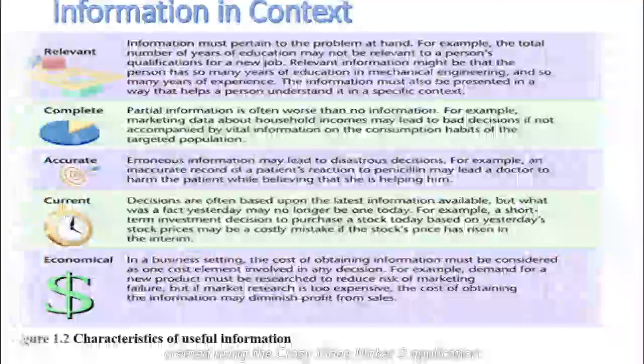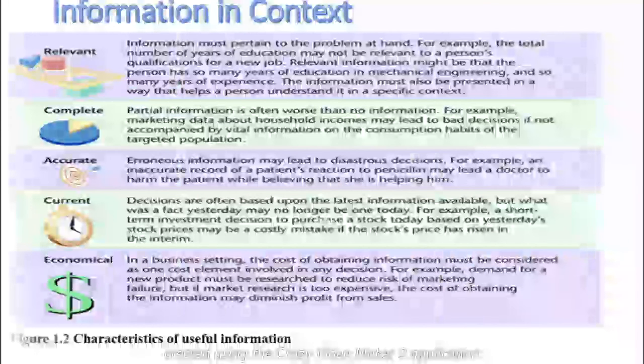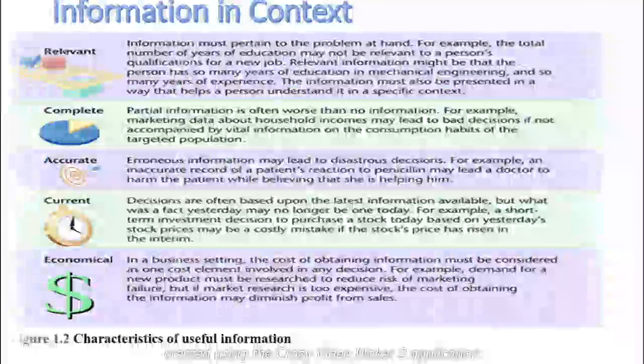The information you are taking or the data you are collecting must be complete. It must be accurate. That is, you collect accurate data, accurate information, that when you give it to an audience, it will not cause any barrier to your production or to your aims.